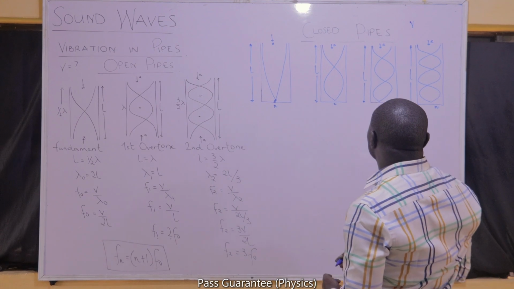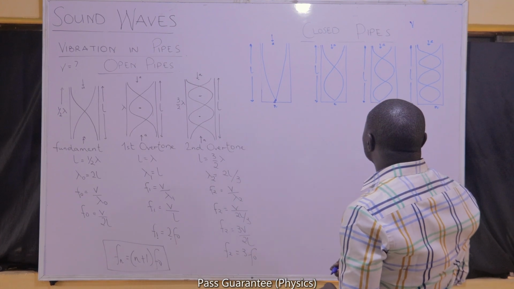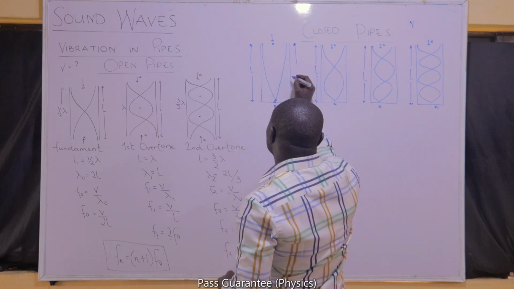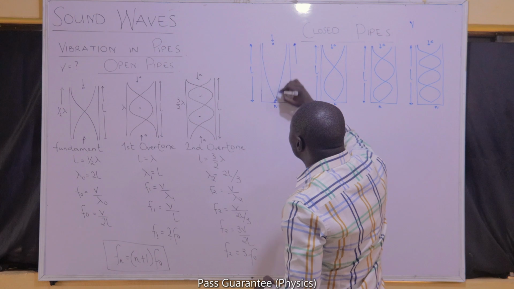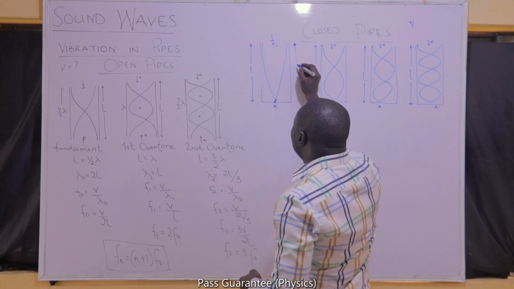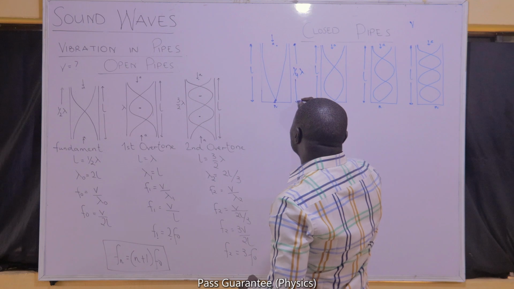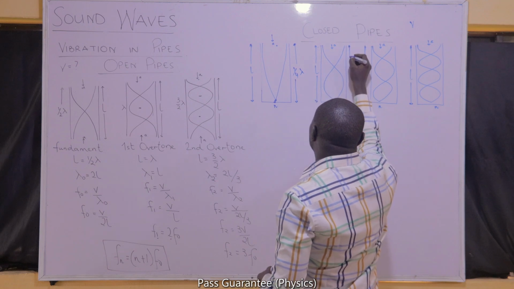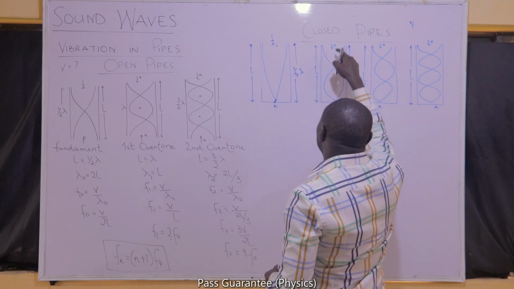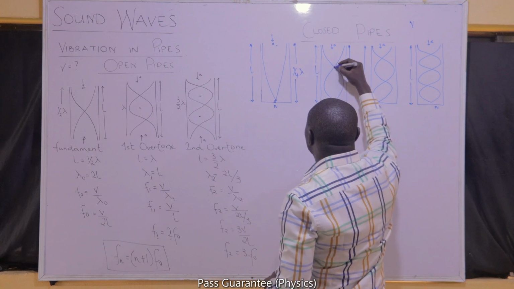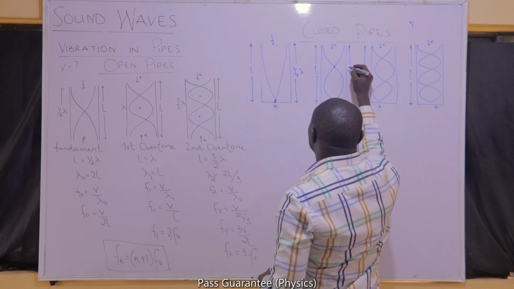If that is the case, we can now get each part in terms of wavelength. The wavelength that node to antinode represents, we derived last time, is a quarter wavelength. For this one, I'll first take node to node, which is half, then node to an antinode, which is a quarter.